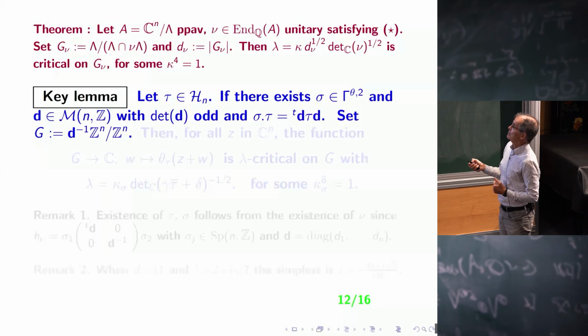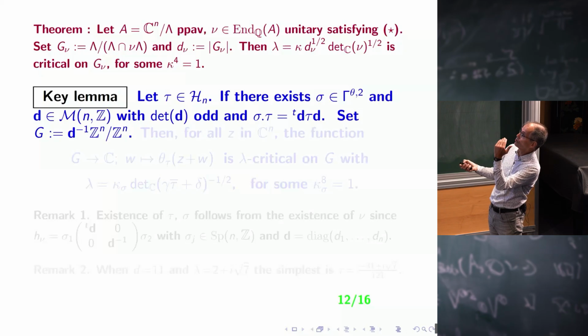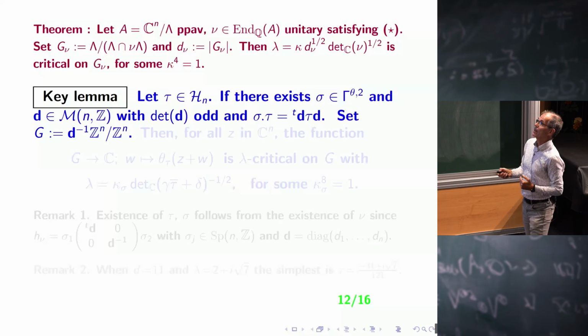Under this assumption, I can introduce this group G, d^{-1} Z^n over Z^n, which is some kind of part of the torsion group of the corresponding Abelian variety.